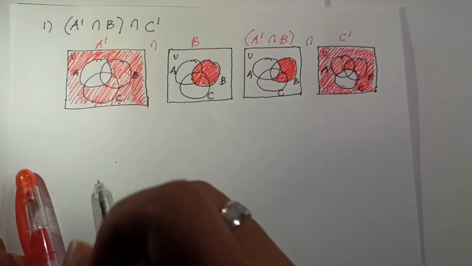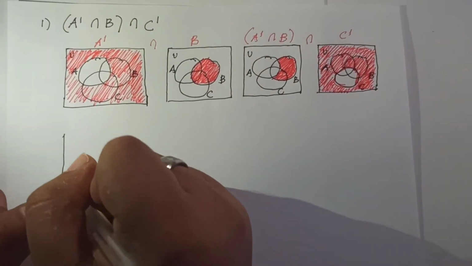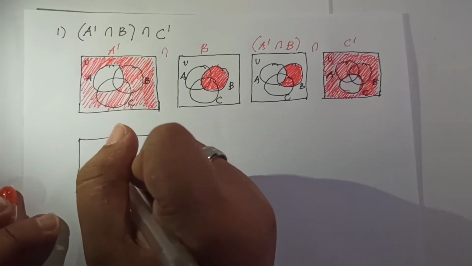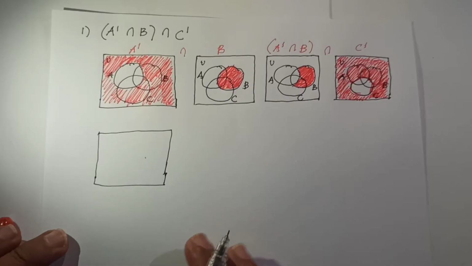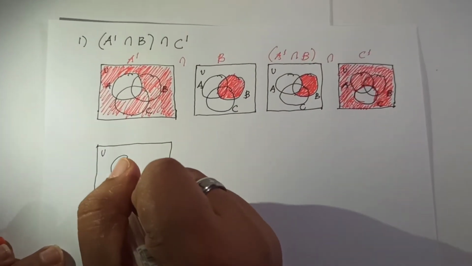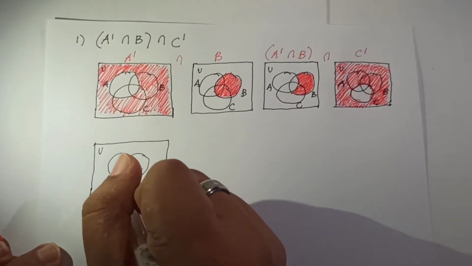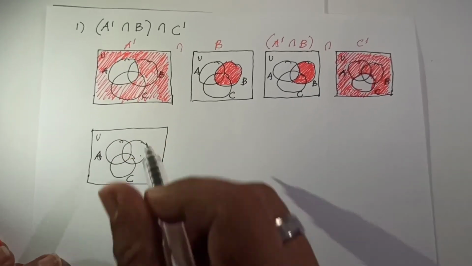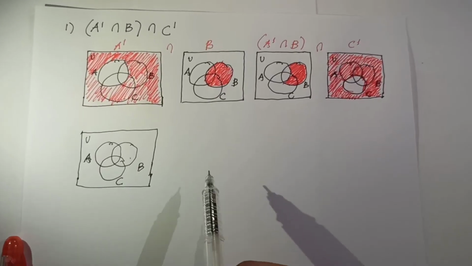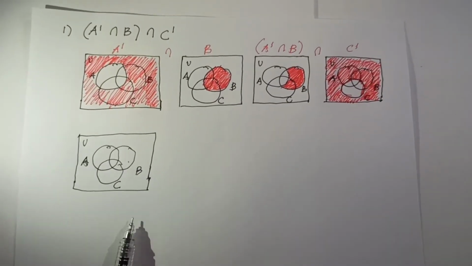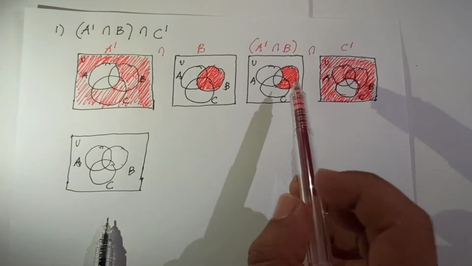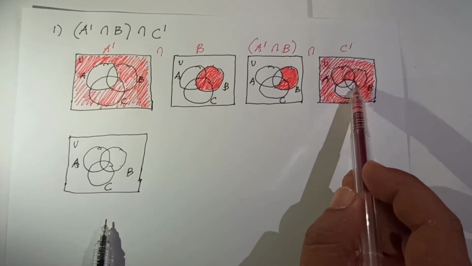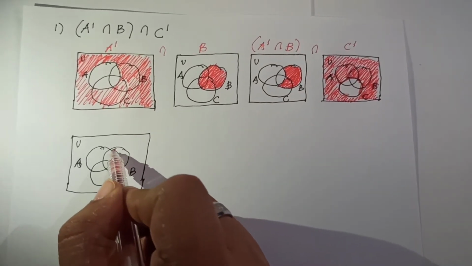In this case, we're going to get the common between the two. This is our A, this is our B, and this is our C. We look at the intersection, which is this. This one has none, this one has none. So, this portion only.